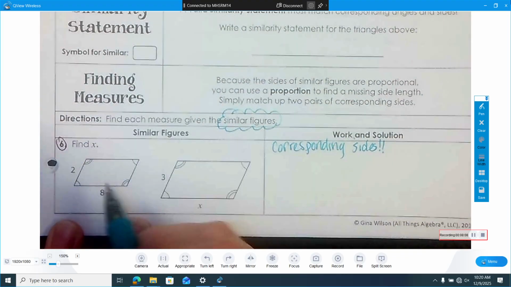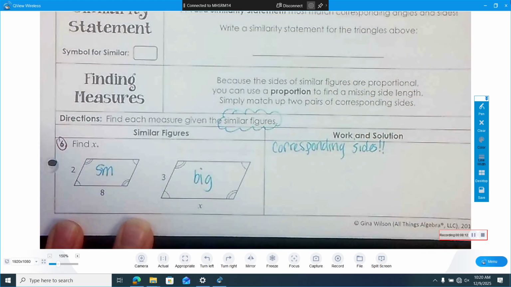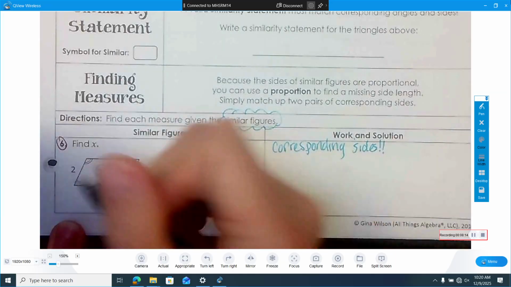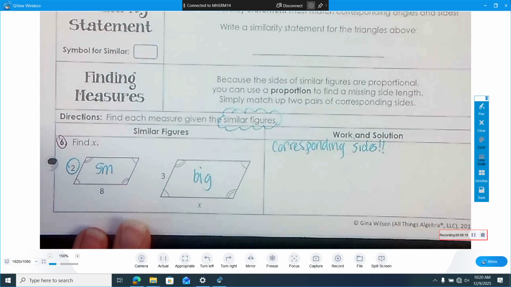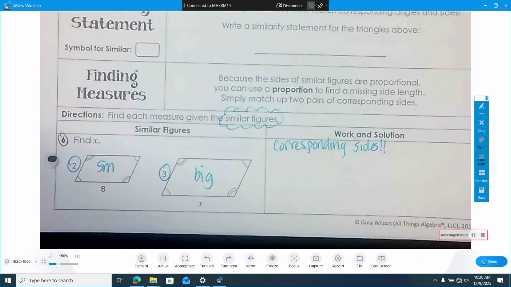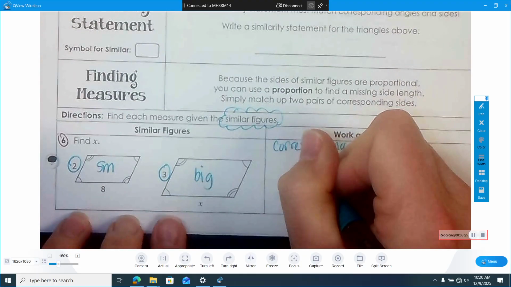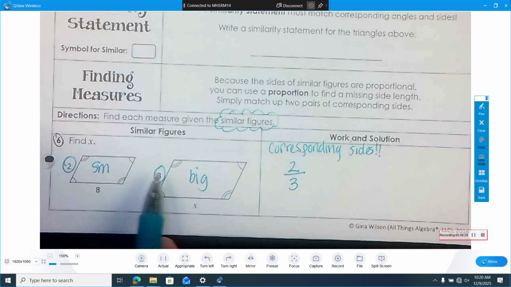So if I look here, I've got my small figure and I got my big figure. So I'm going to start over here with the small figure. Which side corresponds to the side labeled 2? 3, yeah. So I can create a little ratio. Small over big, 2/3, so small figure, big figure.